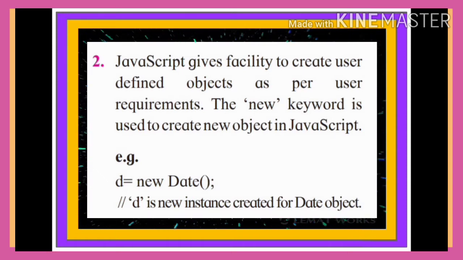JavaScript gives the facility to create user-defined objects as per user requirement. The new keyword is used to create a new object in JavaScript. For example, d is a variable, d = new Date(). Now d is a new instance created for the date object.